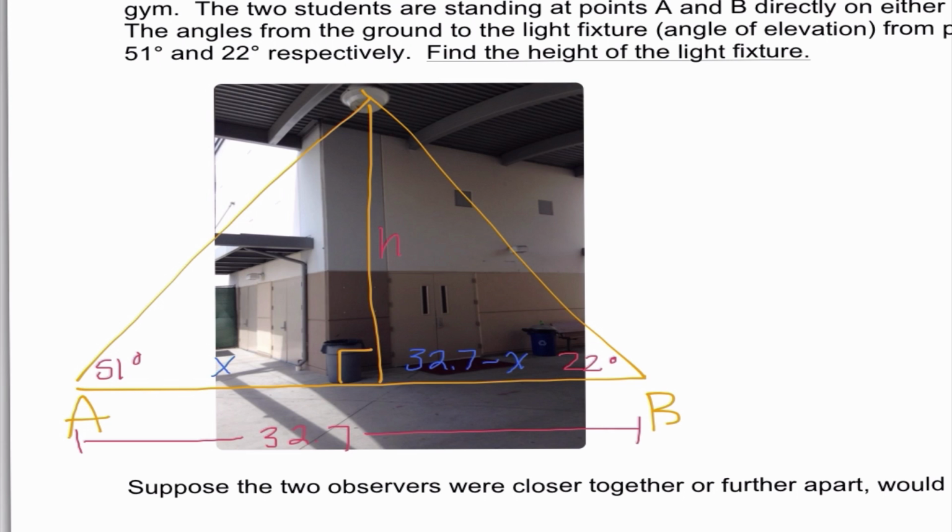And what I notice that I have now is actually two different variables. And we've learned when we have two variables, we need to have two different equations. So if I look at this first triangle, I know the opposite and the adjacent. So I'm going to go ahead and say tangent of 51 degrees equals h over x.